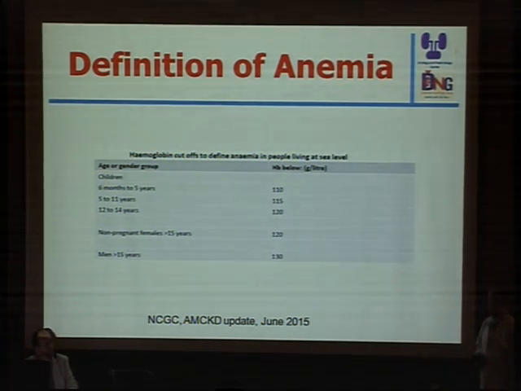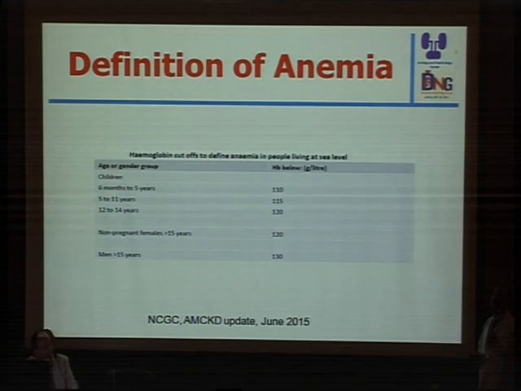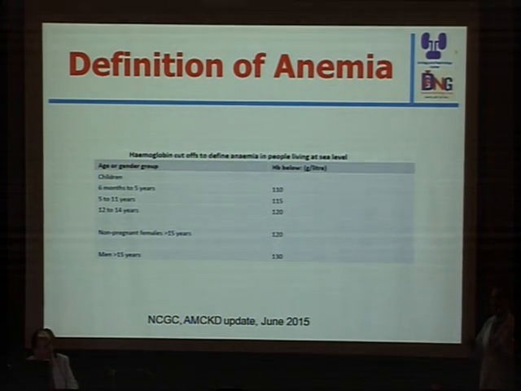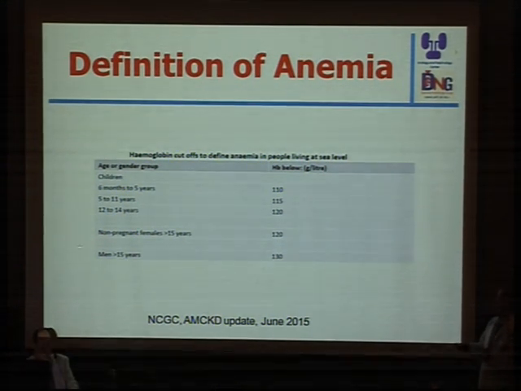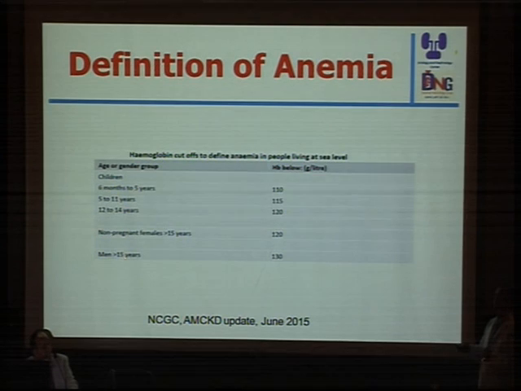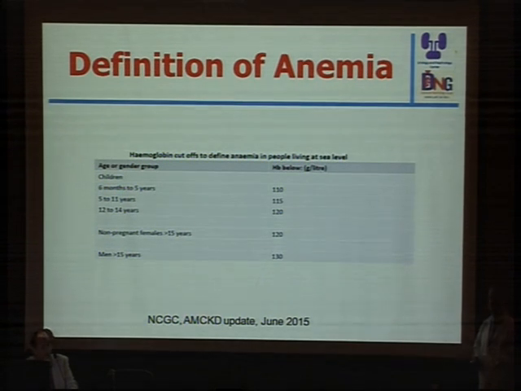We should discriminate between two issues: the cutoff point for diagnosis and the indication for treatment. Here we have two different targets, because if I diagnose anemia in an adult male, when I find the hemoglobin is 12.5, I will not give him erythropoietin.